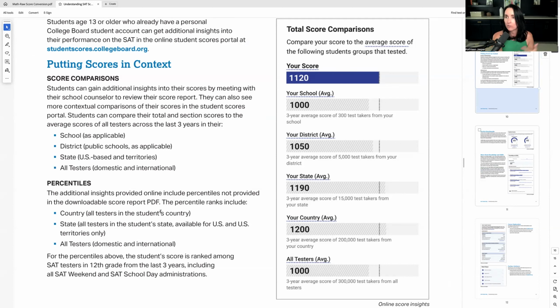So you're right there. You're doing at or above most people who took the exam. And you could see you're in the 75th percentile. So that's great. But again, be careful with comparisons because they change every time the test is administered. And comparing oneself to somebody else or a group of other people can be a little bit annoying. So don't put too much stock in this.